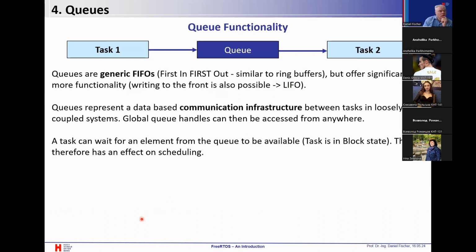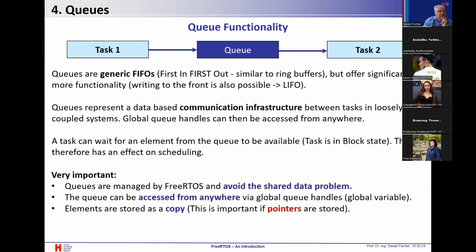Okay. We will see also how we can influence the scheduling. You can put a task into the blocked state if this task is waiting for an entry of a queue. We will see this on the next slide. Very, very important to know. Queues are managed by FreeRTOS, and they avoid the shared data problem.